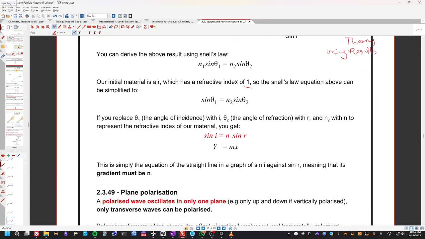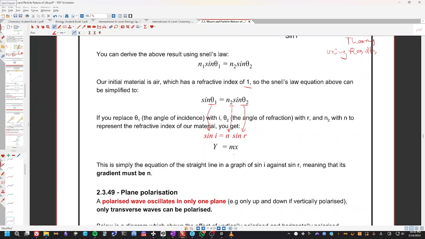Now replace theta 1 with i and theta 2 with r, because those are the angle of incidence and angle of refraction, and n2 with n to represent the refractive index of the material you're trying to find. Then you get sin i equals n sin r. As we know, 1 is your initial material, and 2 is the material that you're trying to find.